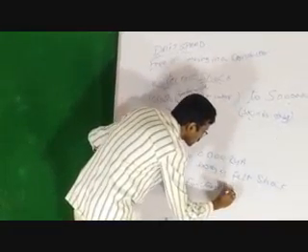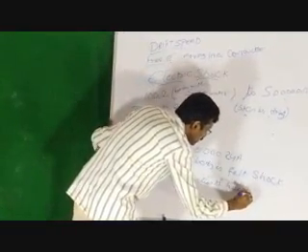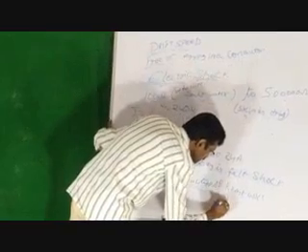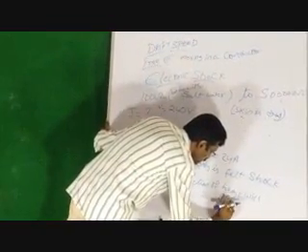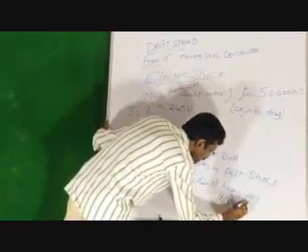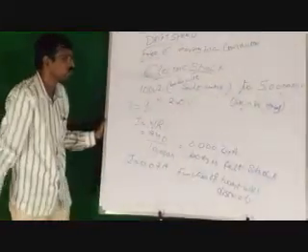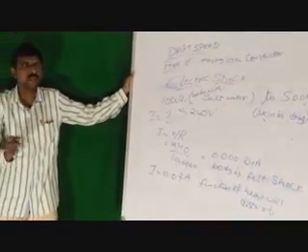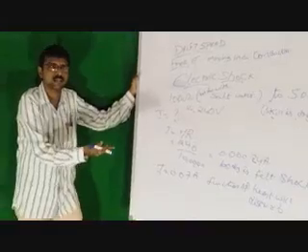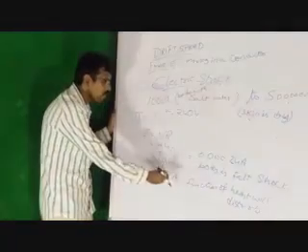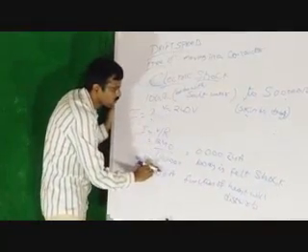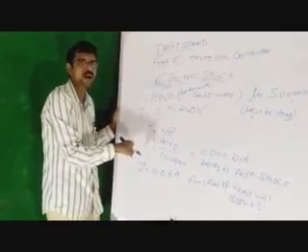For example, if you take 240 volts, I is equal to V by R, 240 by 1 lakh, which is 0.0024 amperes.